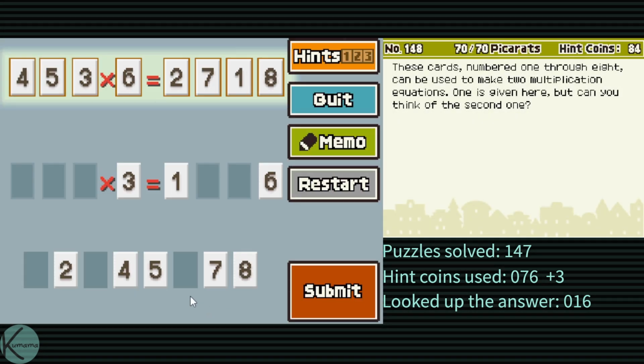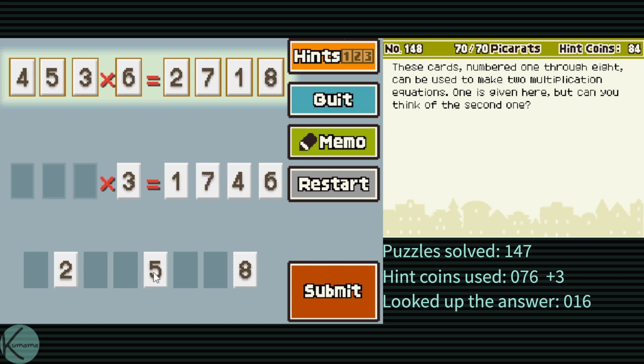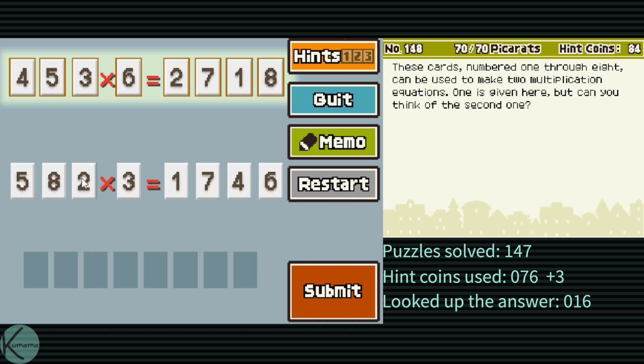I think it... Yeah, I'm not seeing repeats here. It looks like 1, 7, 4, 6. And this happens because of 5, 8, 2.